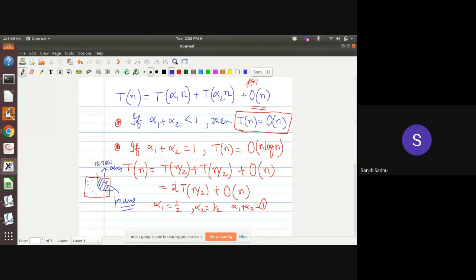So here also we are doing that in the median finding algorithm: if I know that the rank of the median is greater than n by 2, then I am searching the lower part. If the rank is less than n by 2, then I am searching the higher part. That means I am throwing away the other part.